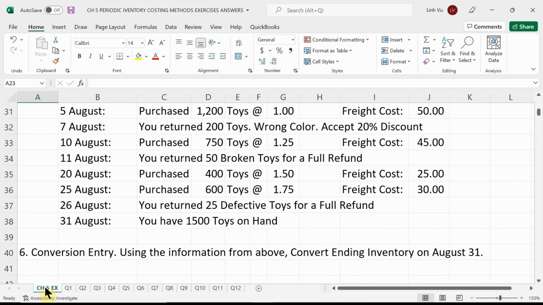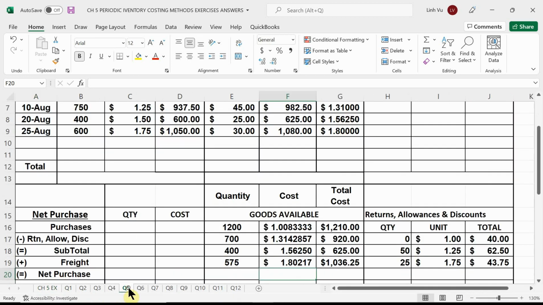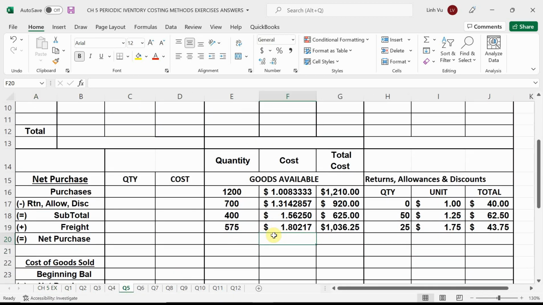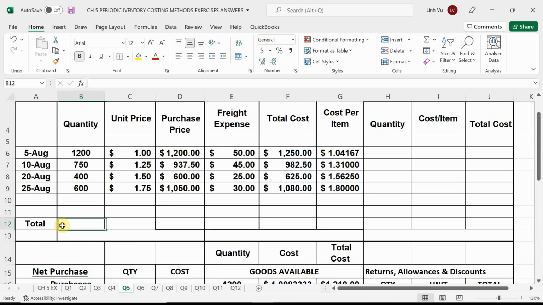So then, on August 31st, you have a total of 1,500 toys on hand. That tells me I reached the end of my accounting period. So I need to tally up all my totals, starting with my purchases here.